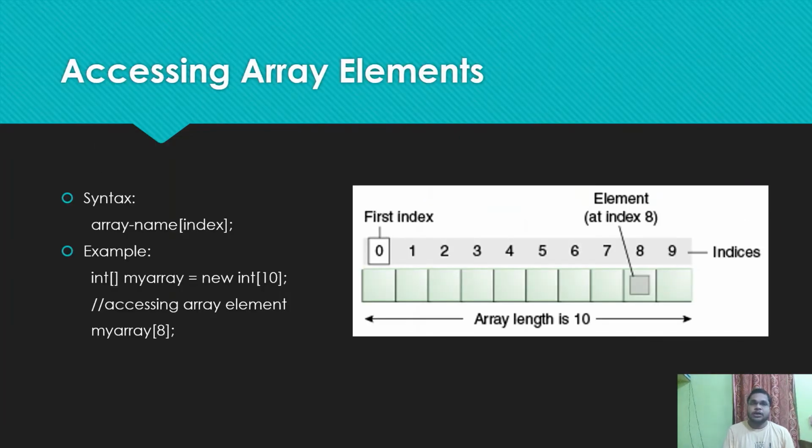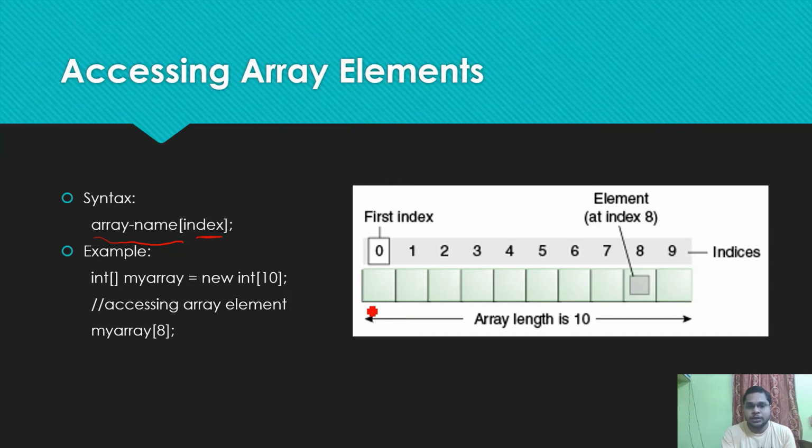Then how do we access the array elements? We access an array element by using its index number. The syntax is the array name, then inside square brackets we put the index number. According to that index number, we retrieve the data.